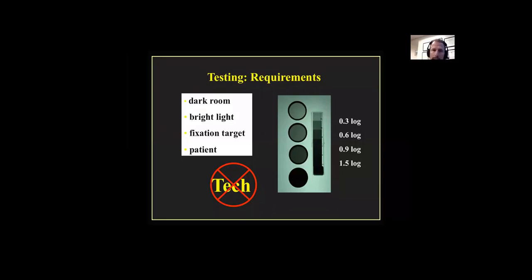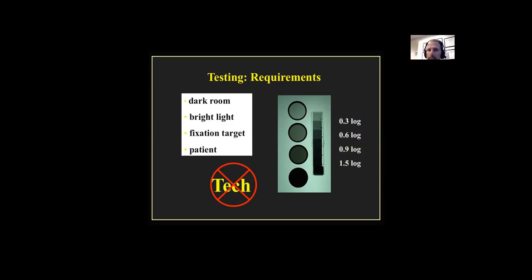Now, I mention this not because I use these all the time. When I was a resident in training, my neuro-ophthalmologist asked us to measure every patient's relative afferent pupillary defect. When I became a fellow and doing just neuro-ophthalmology, my mentor said, what are you doing with those filters? They either have one or they don't. Put those away.